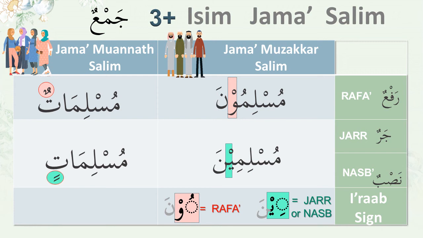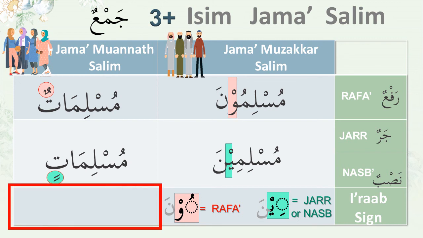Muslimatin ends with kasrah and can be either jar or nasab. Do take note that jamak muannas salim will never ever end with fathah. To summarize, for a jamak muannas salim, the rafa' sign is the dhammah, while the jar or nasab sign is the kasrah at the end of the word.